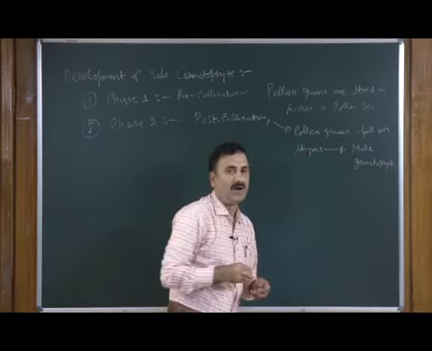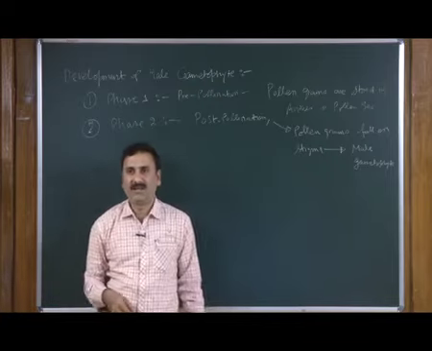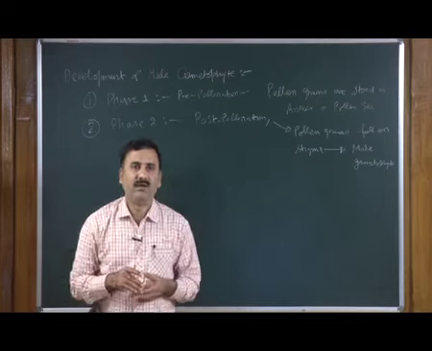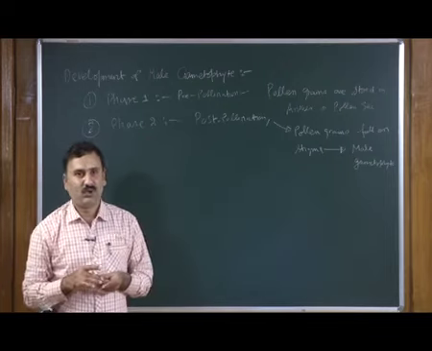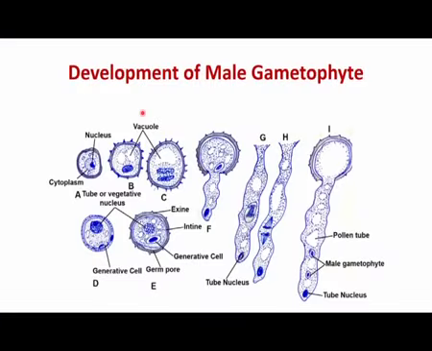So, let us see what these developmental stages are and how the male gametophyte is developed in the case of angiospermic plants. As you can see on the PowerPoint slide, I have shown the different steps which take place during the development of male gametophyte.